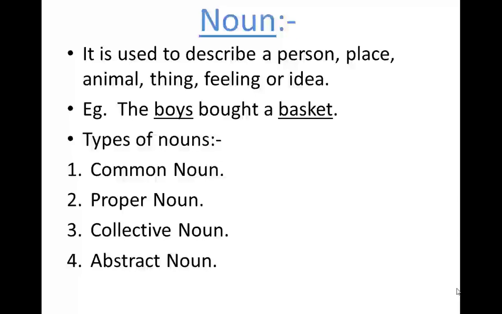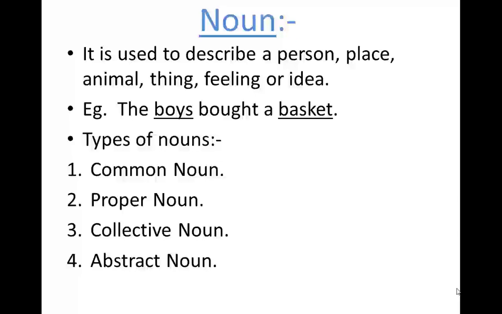Now nouns are further divided into these types: common noun, proper noun, collective noun, abstract noun. These are the words that you must have heard already and studied about them. What is a common noun? Common noun is a name of any person, place or thing.